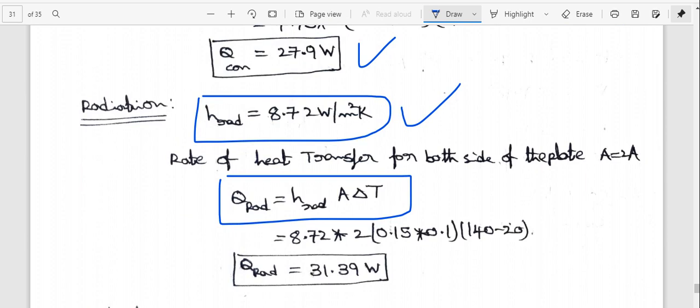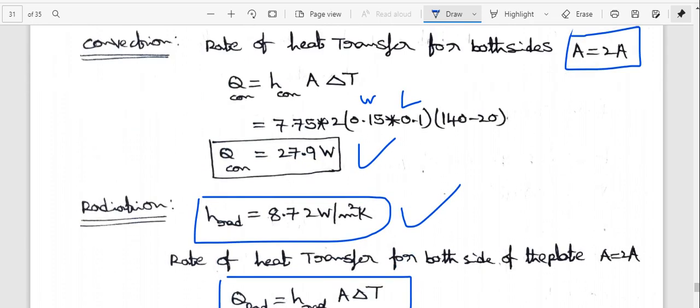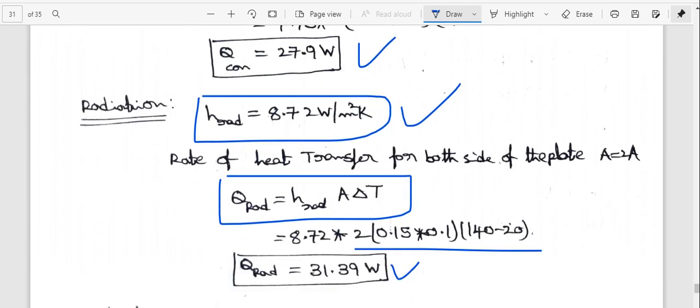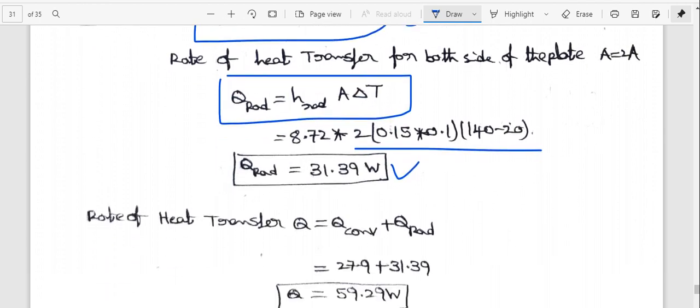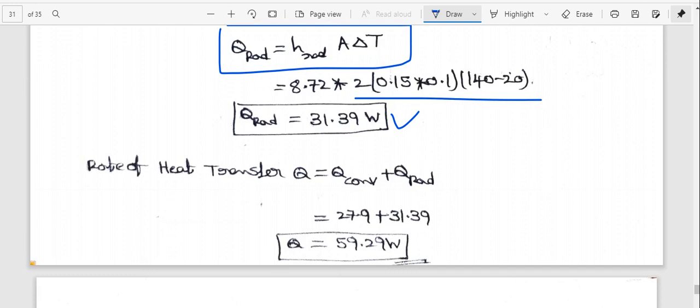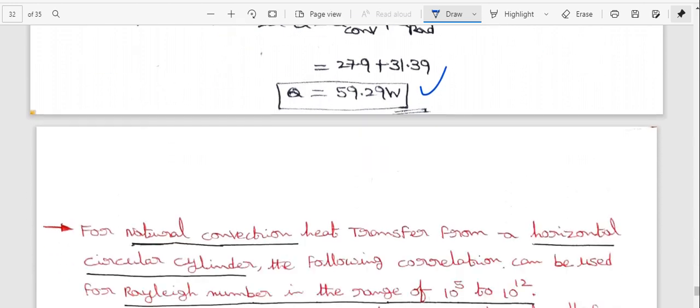So h radiation is 8.72 and the remaining values are the same. Here the convection heat transfer is 27.9 and the radiation heat transfer is 31.39. What is the total rate of heat transfer? Total equals convection plus radiation, so Q equals 59.29 watts.